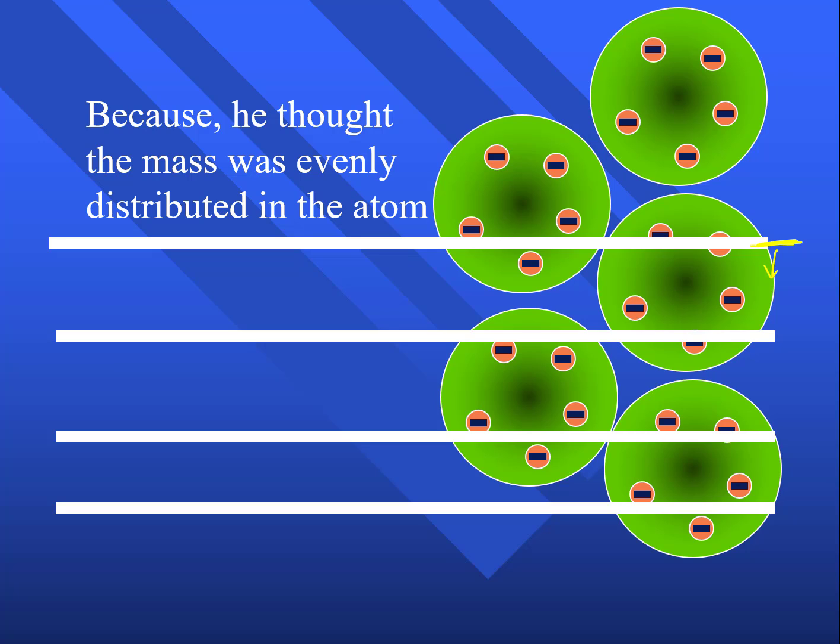So that means this beam, and since likes repel, this beam is going to spread out a little bit. And that one's going to spread out a little bit, because it's got positive on one side and no positive on the other. So it comes out the sides, it gets bent. Now I'm exaggerating here, but the smaller the atom, the sharper the curve. The sharper the curve, the more it'll get bent.